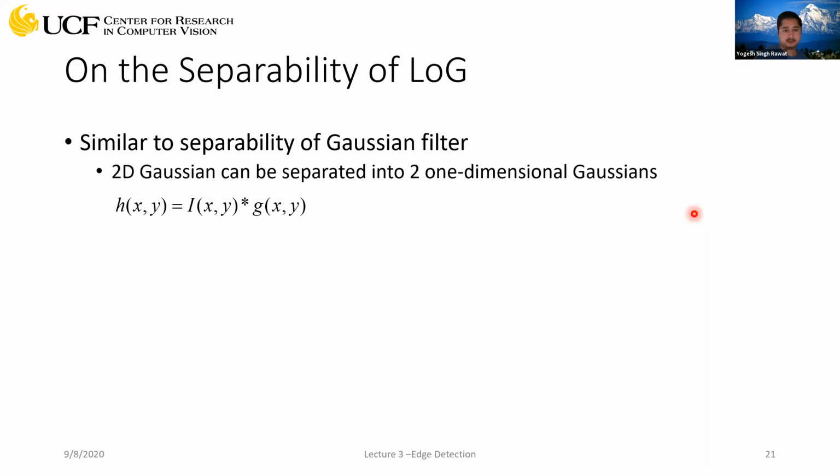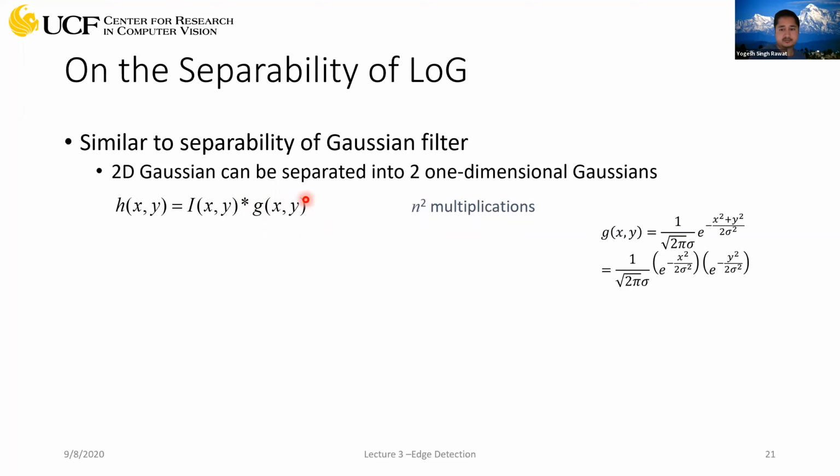So if you have an image and you are going to convolve with a 2D Gaussian, since it's a 2-dimensional filter, at each location, if you are going to filter a pixel value, we'll have to perform n square multiplications, and n is the size of the filter because you'll have n square values in this filter. So what you can do is optimize this operation, and an easy way to understand that is, so this is your Gaussian equation.